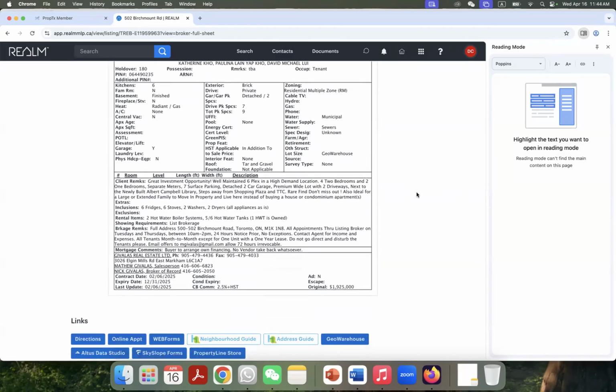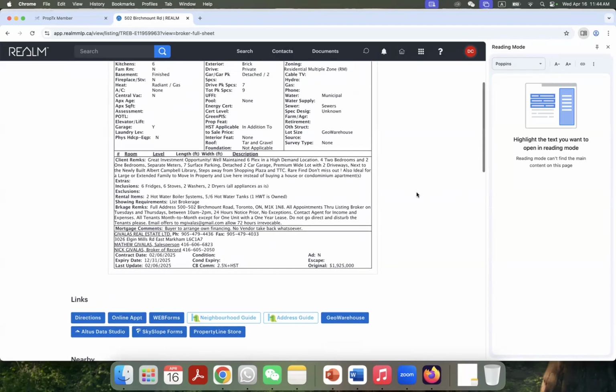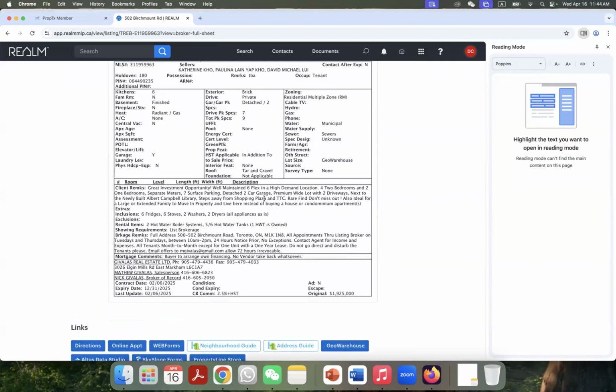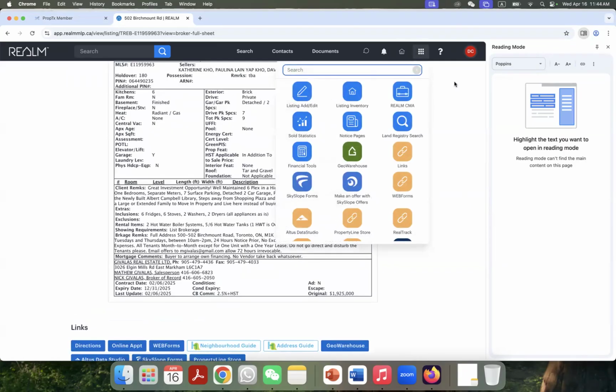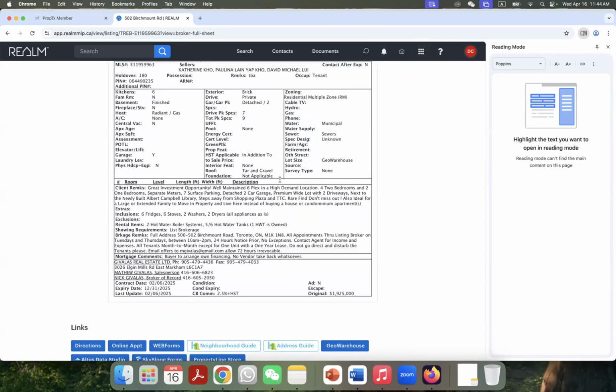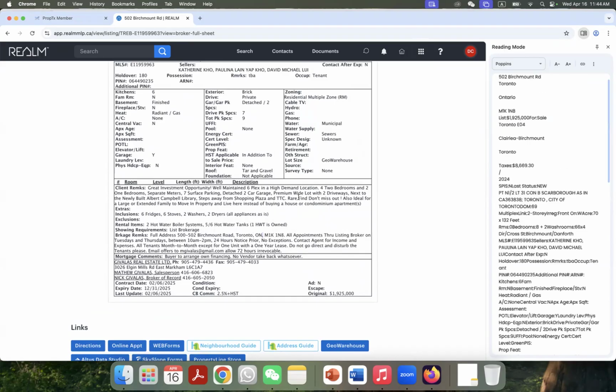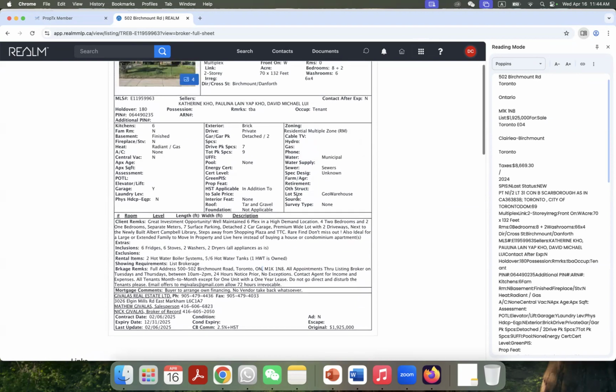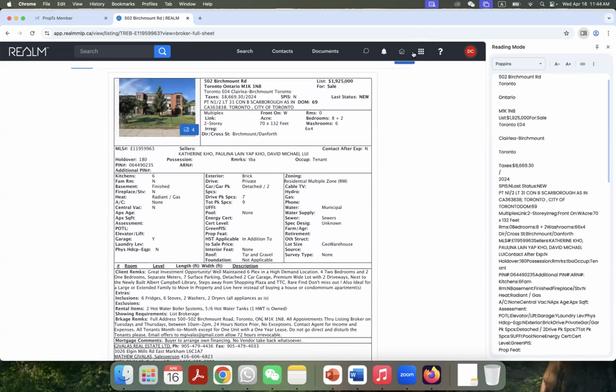Gross income. In my listing, they have the income there. Let me see. We can find out. Ooh, it's interesting. Let me check it.